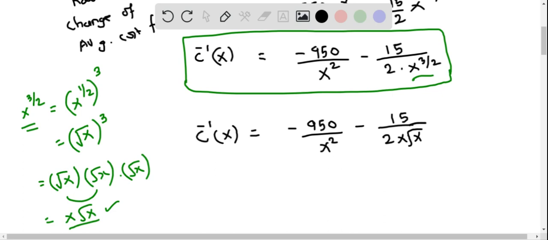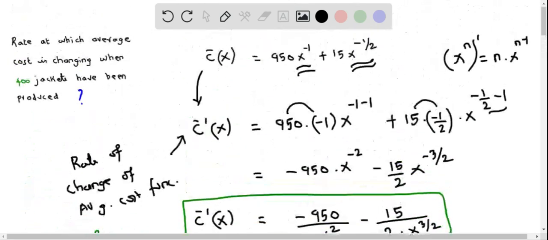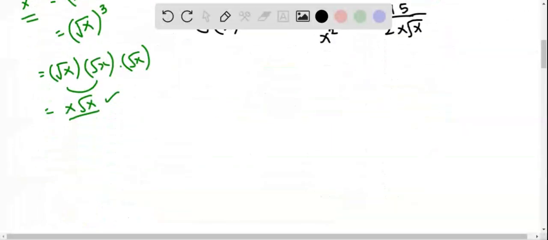I'm writing this in a specific form so that it is easy when we calculate for 400 jackets, that is the rate at which the average cost is changing when we plug in x equal to 400.